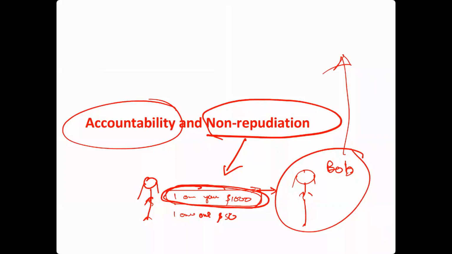So this property says that Alice should not be able to deny that she has sent this email. Okay, and so in court Bob should be able to prove that Alice owes me $1,000 because she has sent me this message. Okay, all right.